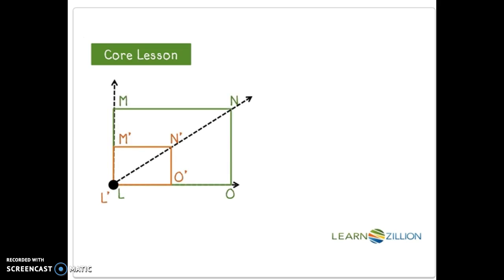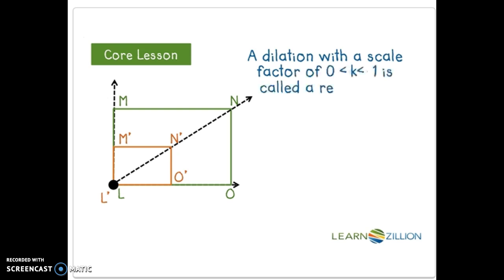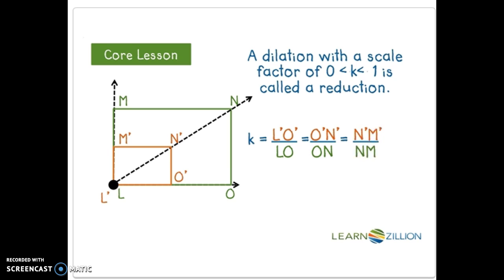A dilation with a scale factor of K between 0 and 1 is called a reduction. In this diagram, we have the pre-image LMNO and its dilated image L prime, M prime, N prime, O prime. We're given the lengths of the sides, so we can find the ratio, or the K value. K is equal to L prime O prime divided by LO, equal to O prime N prime divided by ON, equal to N prime M prime divided by NM, equal to M prime L prime divided by ML.